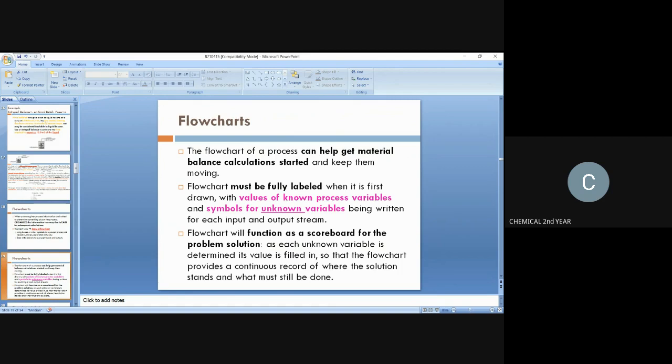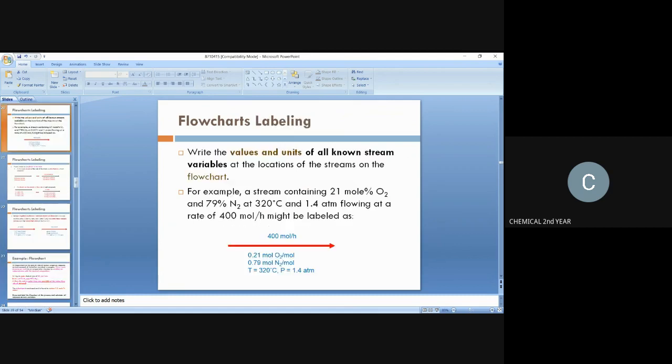A flowchart must be fully labeled when it is first drawn. The values of the known process variables and the symbols for unknown variables will be written for each input and output. The flowchart will function as a scoreboard for the problem solution: as each unknown variable is determined, its value is filled in, so that the flowchart provides a continuous record of where the solution stands and what must still be done.